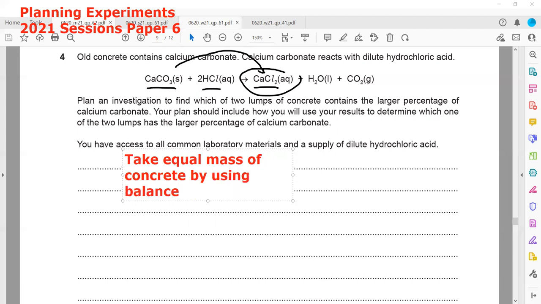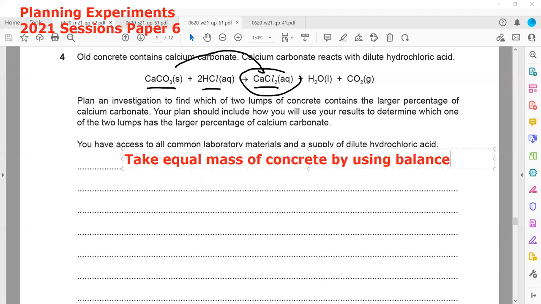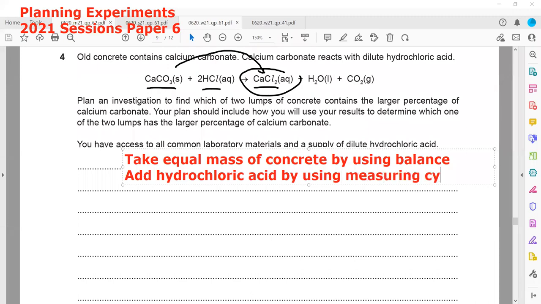You can also mention, like, take 2 grams of each concrete. Then we can crush them and add hydrochloric acid by using a measuring cylinder, or you can mention a burette or a pipette.